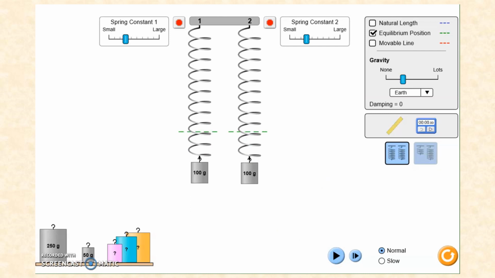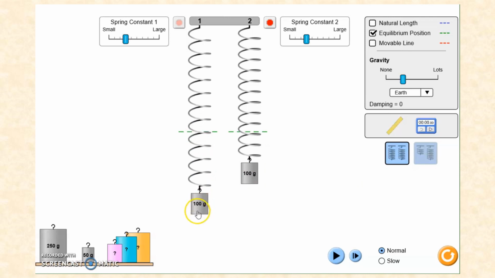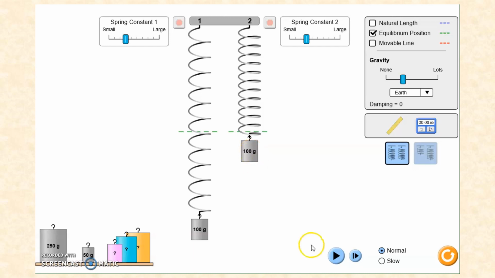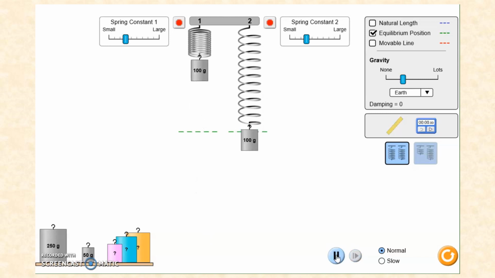And we will control the amplitude of vibration by stretching one spring further than the other from its equilibrium position, which is shown here with the green line, before releasing each of these springs. Notice we have the same mass on each spring and the same spring constant. The only difference in the simulation is the amplitude of vibration. Let's release both of these springs and visually examine how these differing amplitudes will affect the period of vibration.